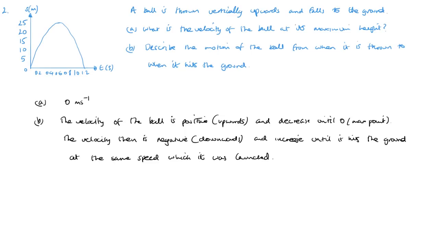Now notice I say the same speed. It's got to be the same speed and not the same velocity, because velocity has direction. So it wouldn't be the same numerical value, but one would be positive here and negative here.